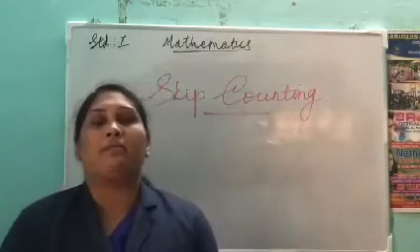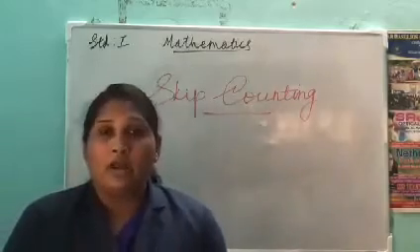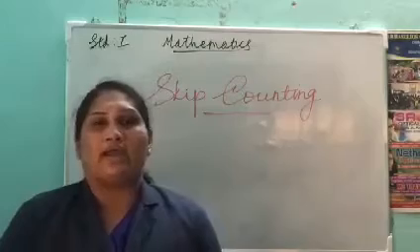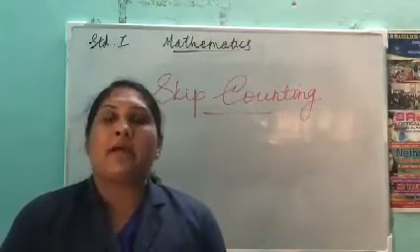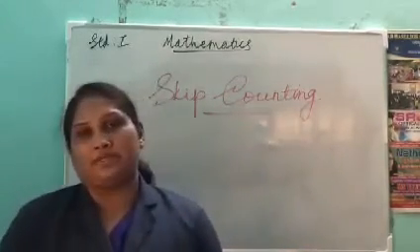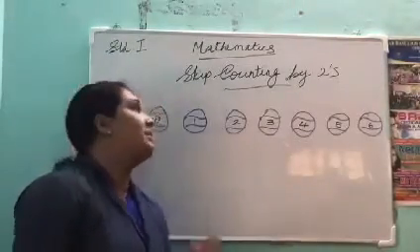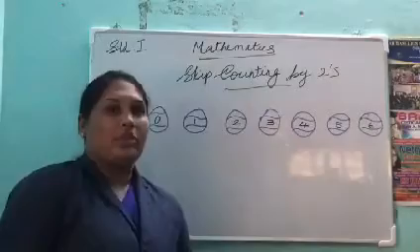Otherwise, if we count by one, it takes a long time. That's why we count by skipping some numbers. Okay? Now we are going to study skip counting by 2s.